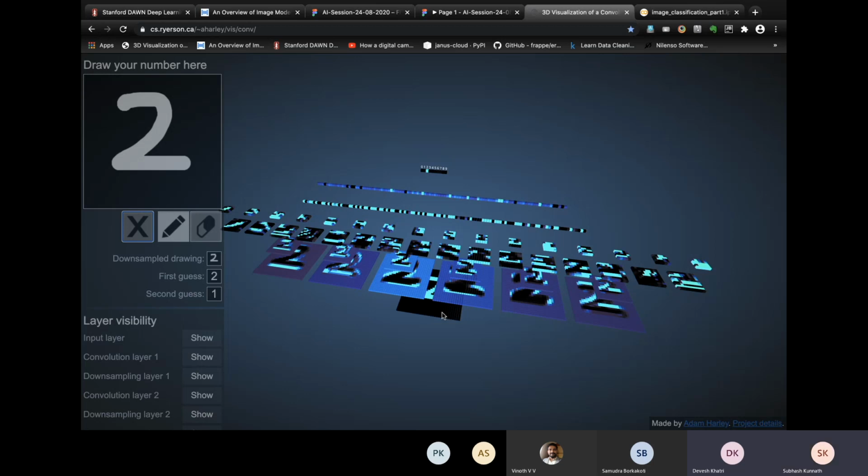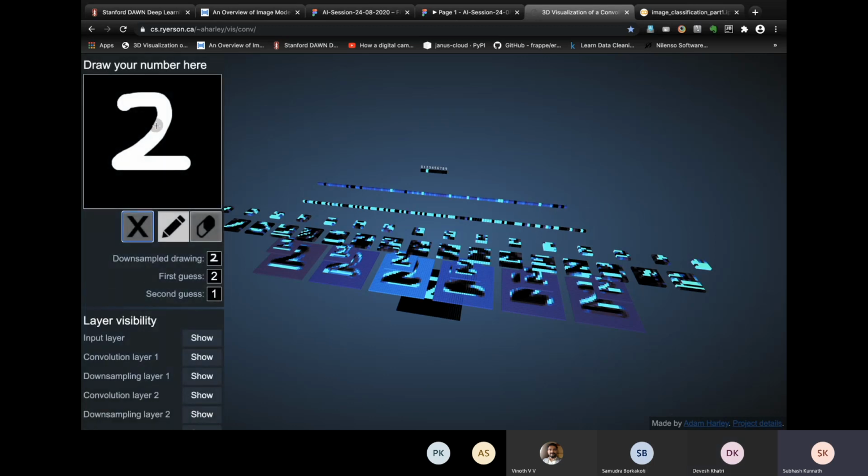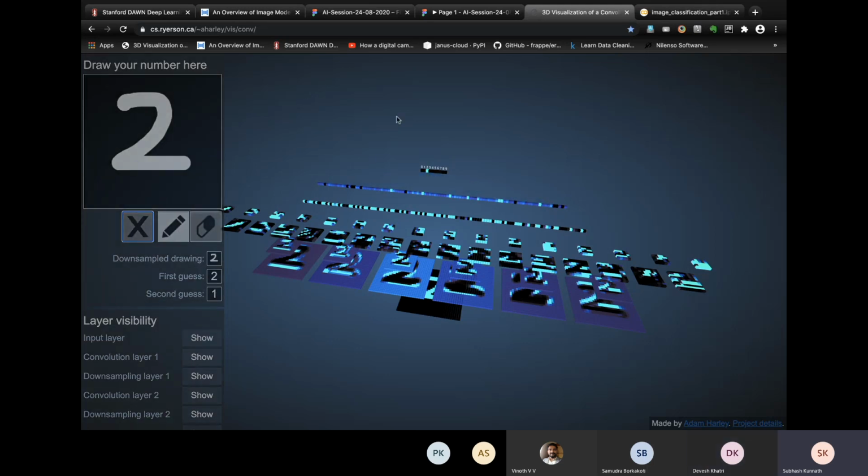Say due to some image capturing issue, the image at the input level is blurred. Are you talking about that? Yes. It depends on how the machine has been trained. It always gives some result, but the confidence level of that result may differ.